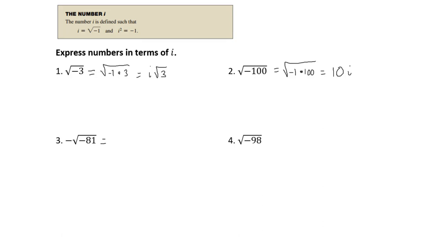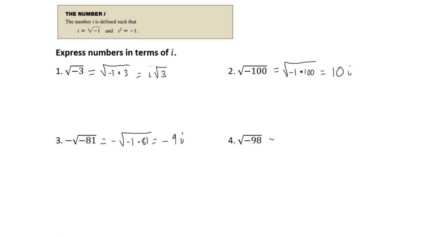Here we have negative square root of -1 times 81. And so that's negative brought over. Square root of 81 is 9, and square root of -1 is i. So negative square root of -81 is -9i.